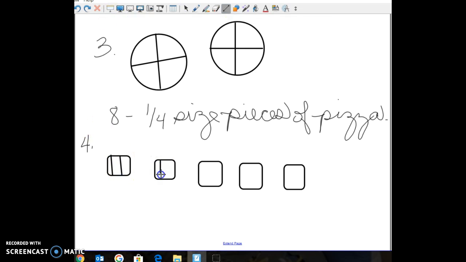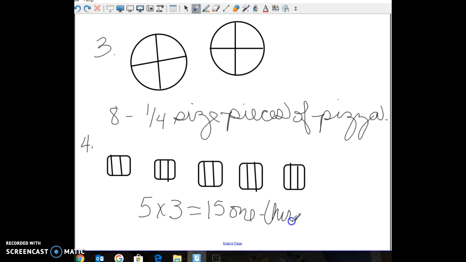Well, that wasn't very even thirds. So we have 5 sandwiches. They each have 3 pieces, so he has 15 1/3 size sandwich pieces.